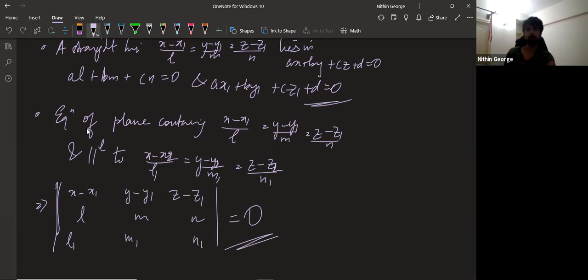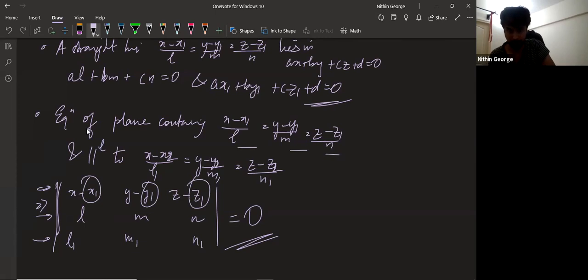So you can find the equation of a plane given two parallel vectors and a point, right? Remember? What would you do there? Write the parallel vectors below and use the point above, in the determinant. We already did this part. This is just another version of this. Equation of a plane containing a particular line and parallel to another given line. So we find the point here using the particular line.